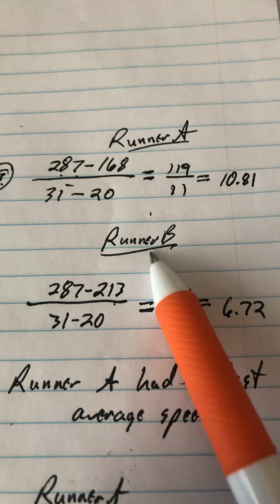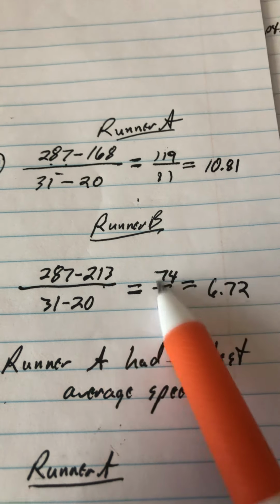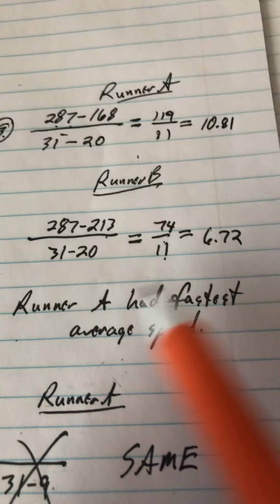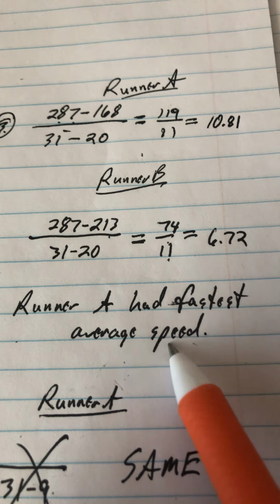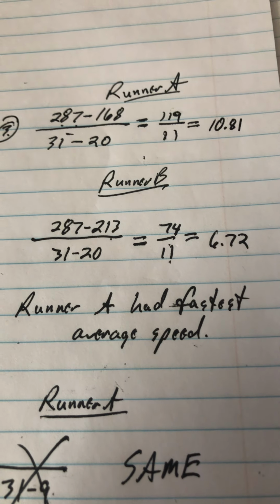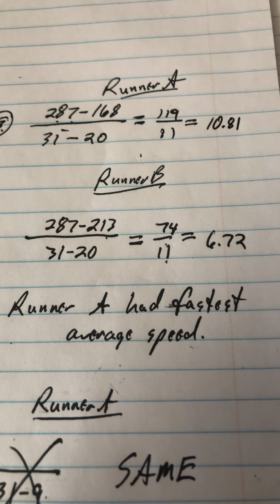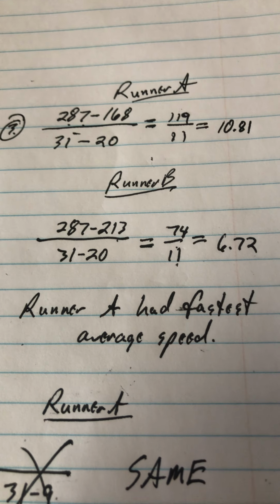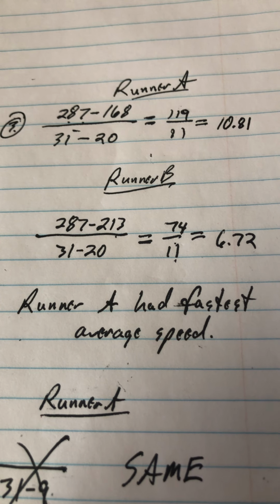And runner B, I have the difference in their y values and x values, and I end up getting 6.72. So runner A had the fastest average speed between 20 and 31 seconds. That would be for your number three.